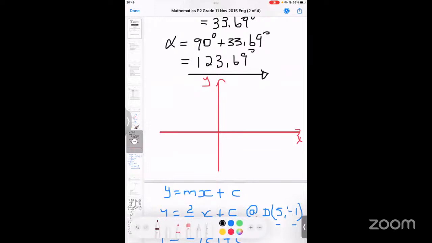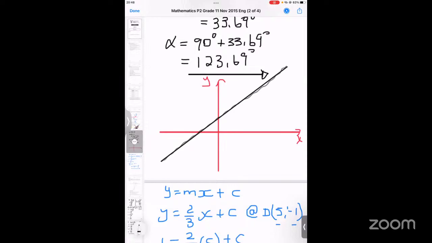If you have a line similar to that, the angle starting from here to there, is it less or is it greater than 90?